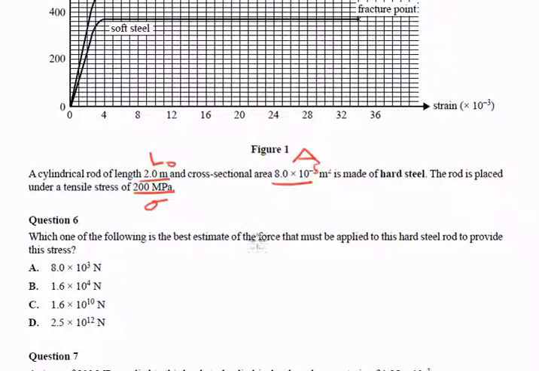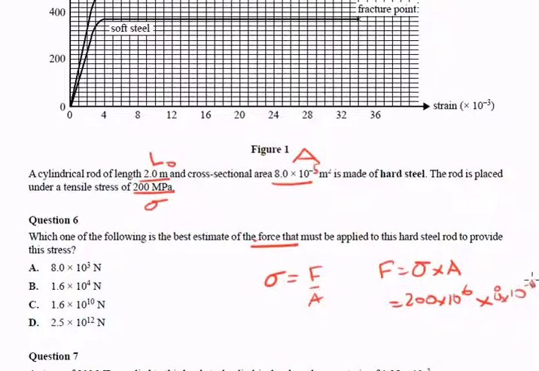Which of the following is the best estimate of the force that must be applied to provide this stress? We've got stress equals force over area, so force equals stress times area. Here's our stress, 200 megapascals. A mega is 10 to the 6, by the area, 8 by 10 to the minus 5. And that is the one that I had wrong, 16,000 newtons, which is 1.6 by 10 to the power of 4.